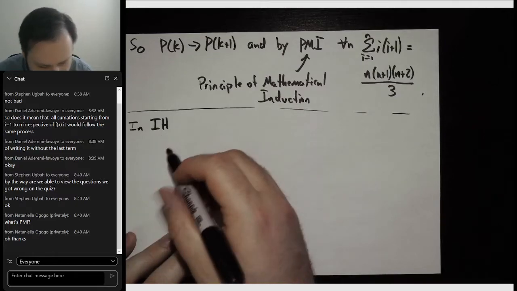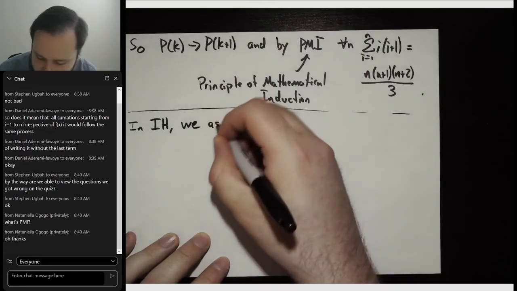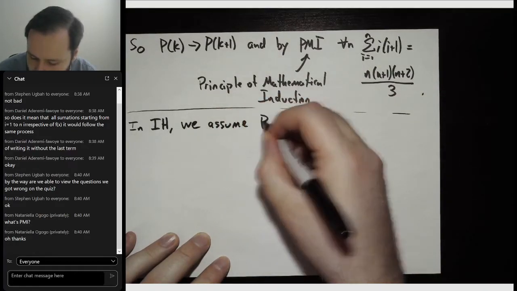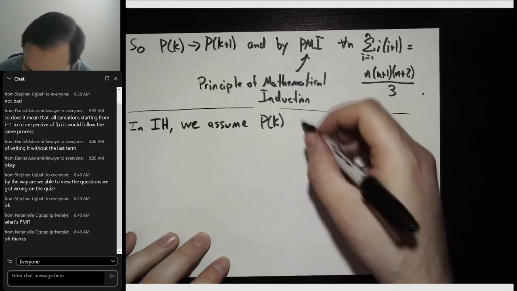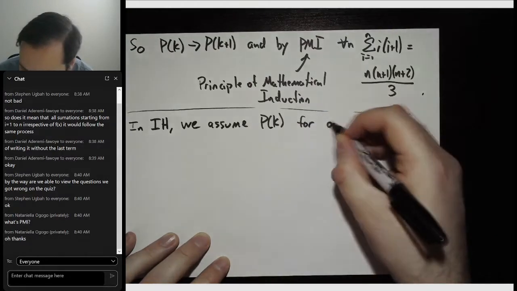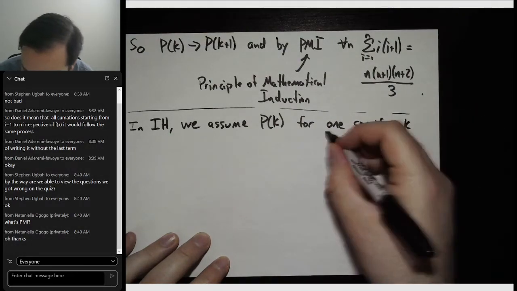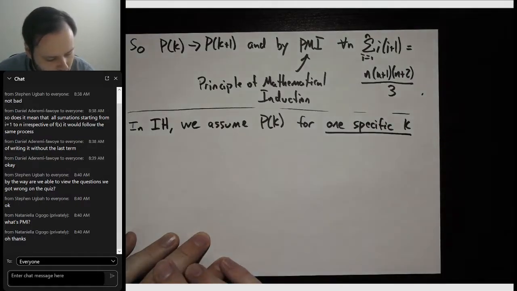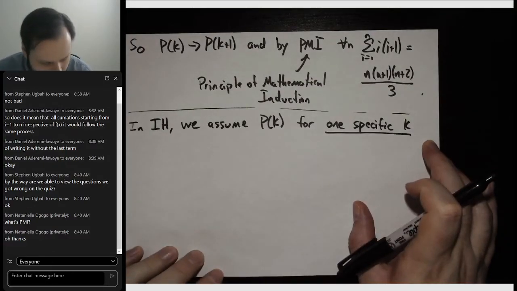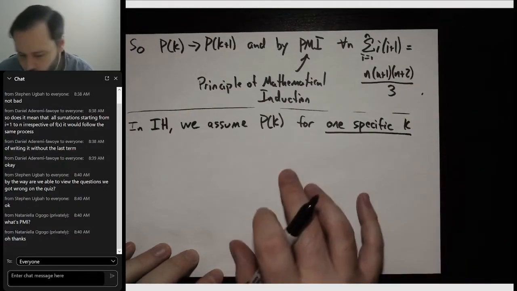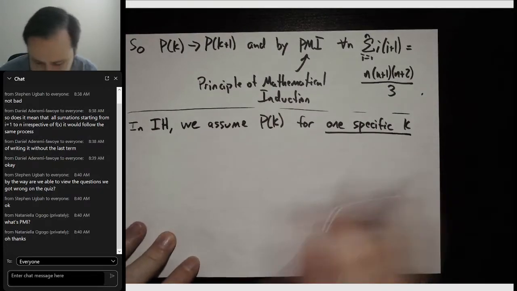In our induction hypothesis, we are assuming that our statement P of k holds for one specific k. This is part of the reason why we switch from n to k. We make it clear that we're just picking one k and assuming it's true in this one case.